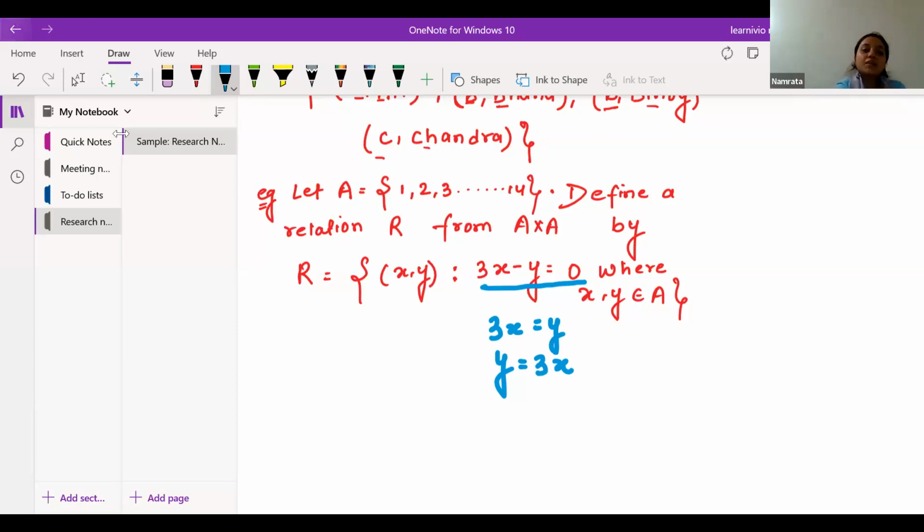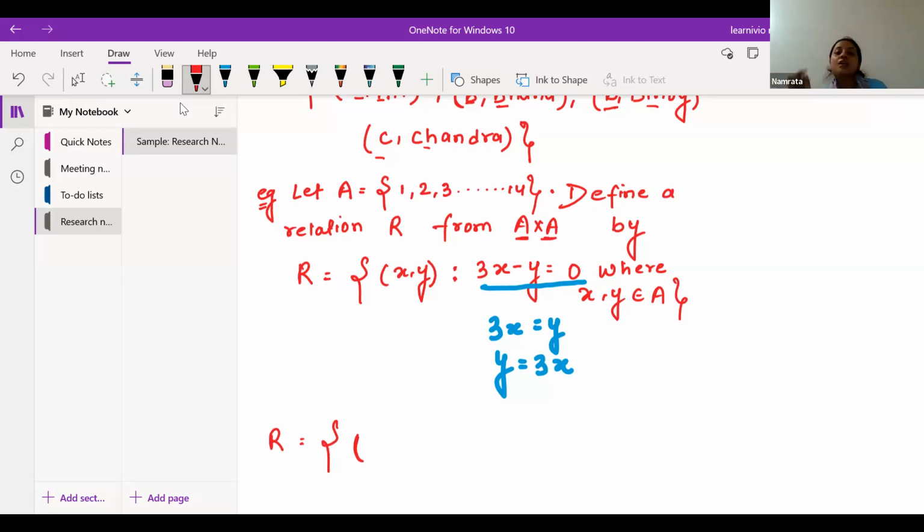Now we will make the list of ordered pairs. Our relation R will contain the elements, whatever you take as x and y, as x and y both belong to A cross A. That means it must be a subset of A cross A. A cross A is one element of A with another element of A, taking each and every possibility.